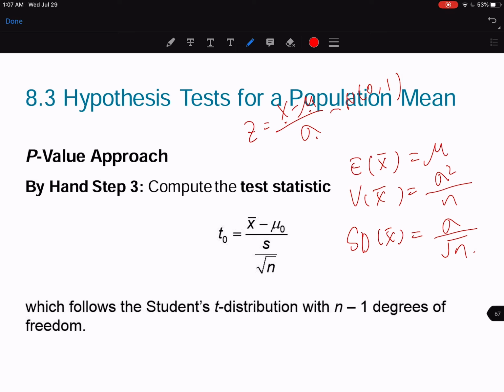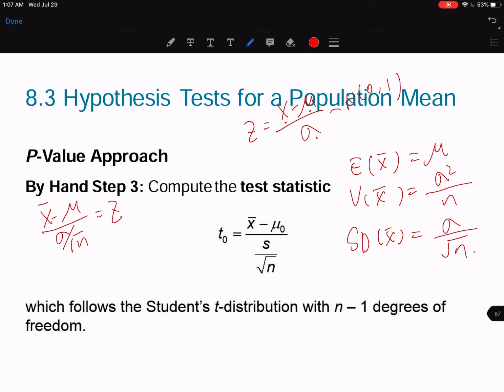And of course, if we know the population standard deviation, things will be easier, right? We know that x bar minus mu divided by sigma over square root of n would be equal to z. If we know the population standard deviation, things are going to be easier. We just need to do the standard normal distribution.